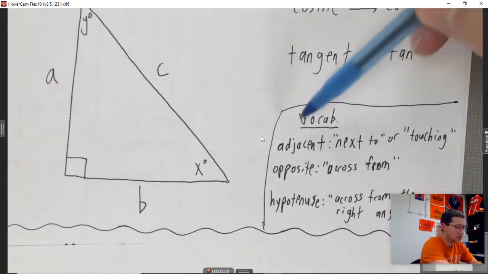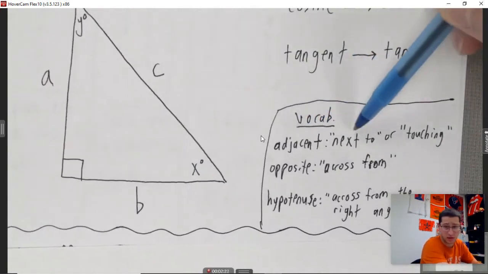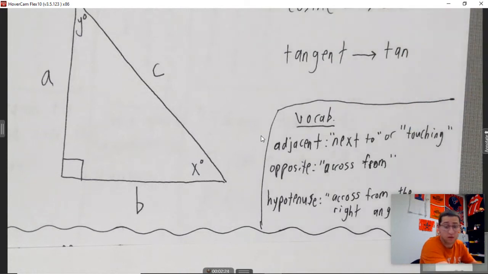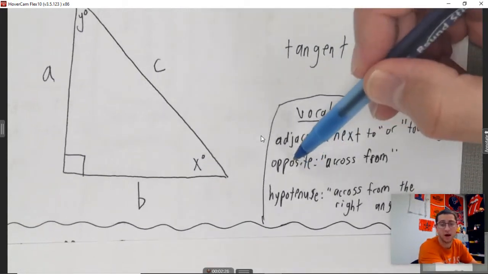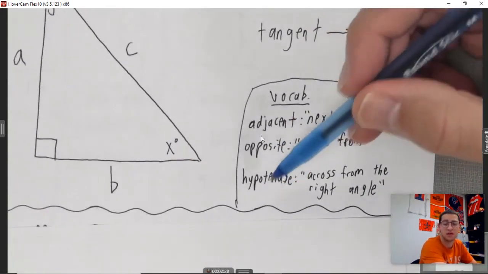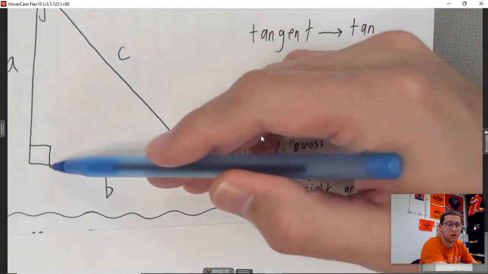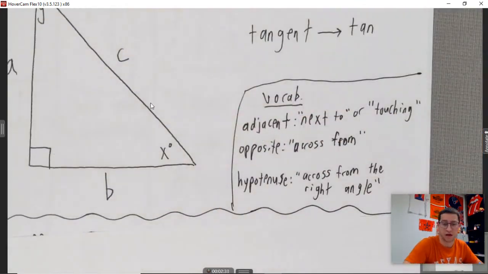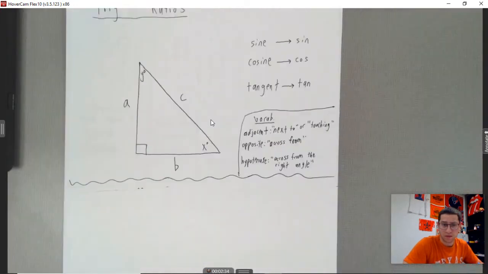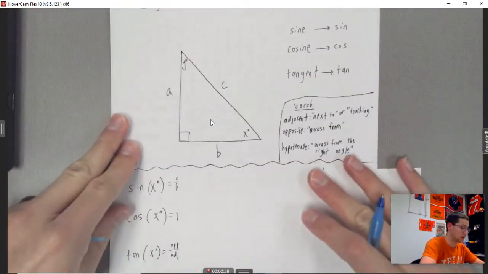But again, adjacent means next to or touching the angle. Opposite is across from, and your hypotenuse is the one across from the 90-degree angle.